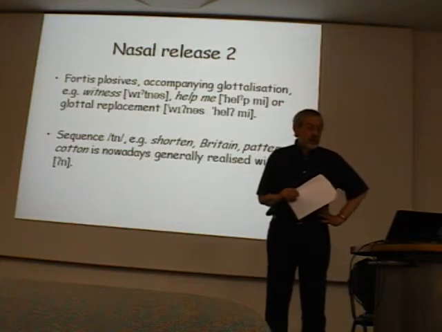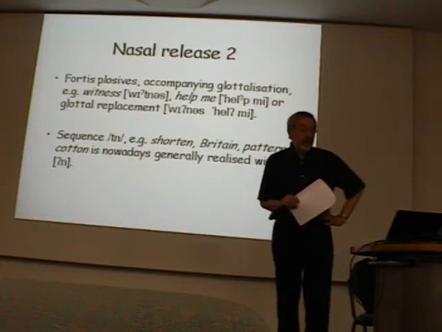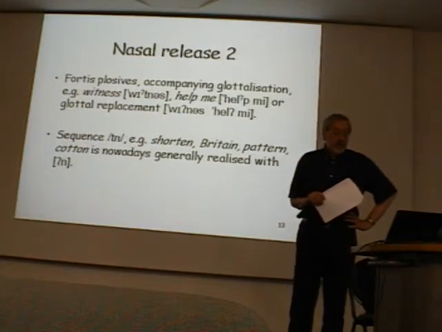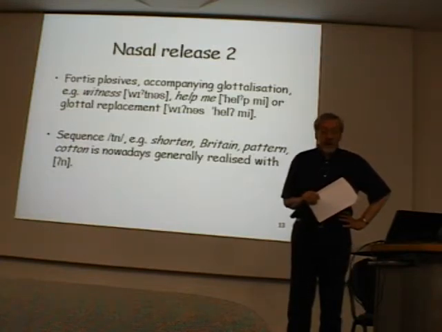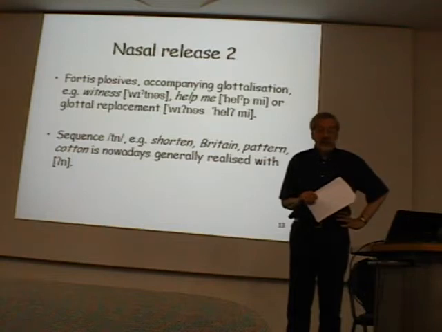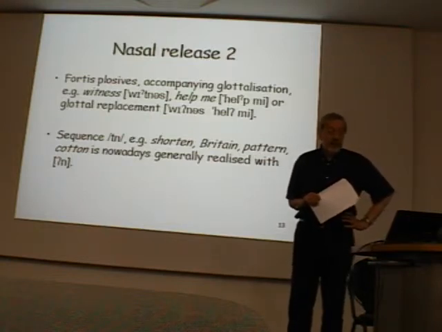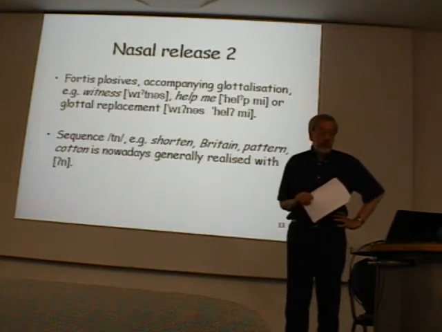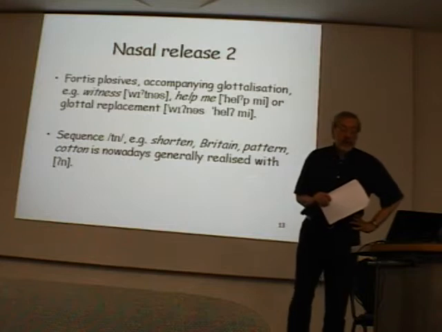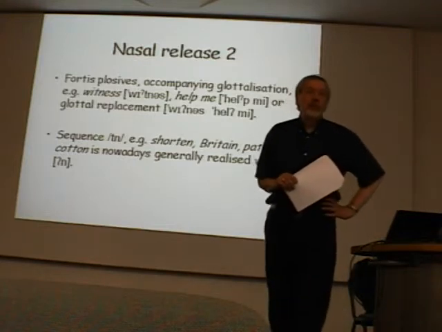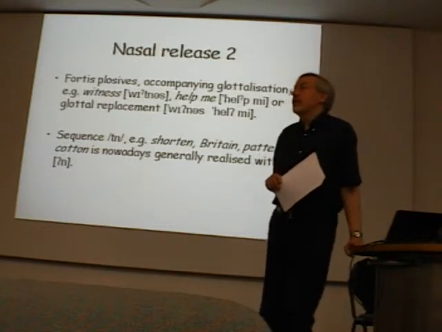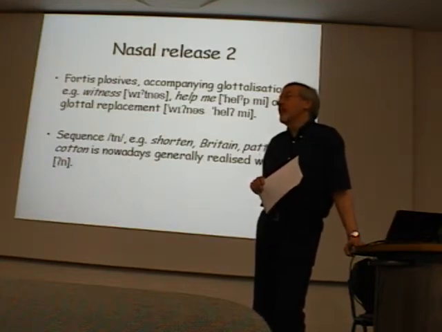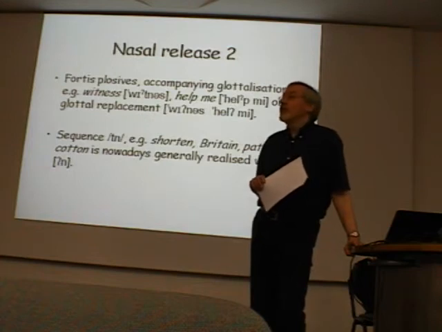We've got some examples there with fortis plosives, witness, help me, where you have the likelihood, in fact, of glottalization rather than nasal release. And as I've just said, the sequence TN, as in shortened, written, pattern, is generally realized with glottal stop. Also, if you're interested in American English, this is one case where you regularly find Americans using glottalization.